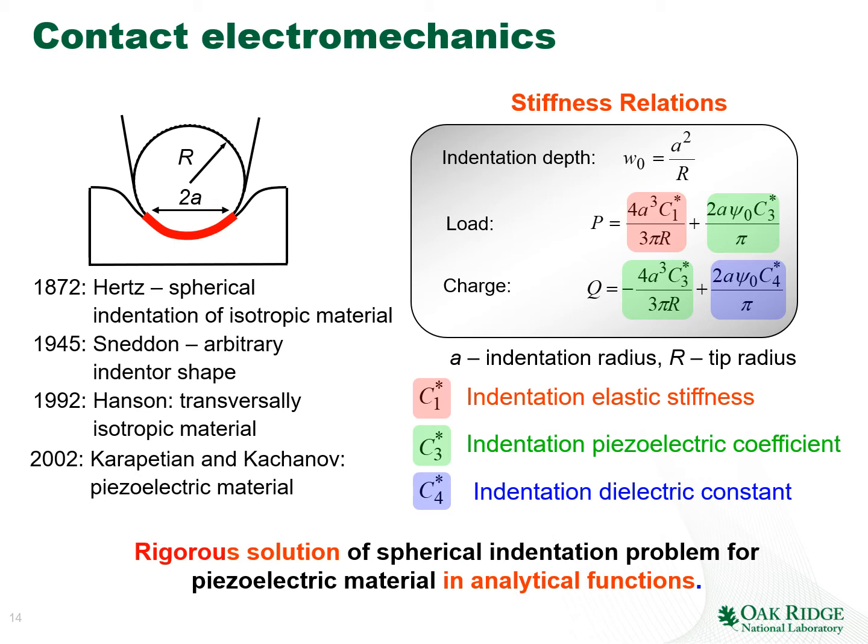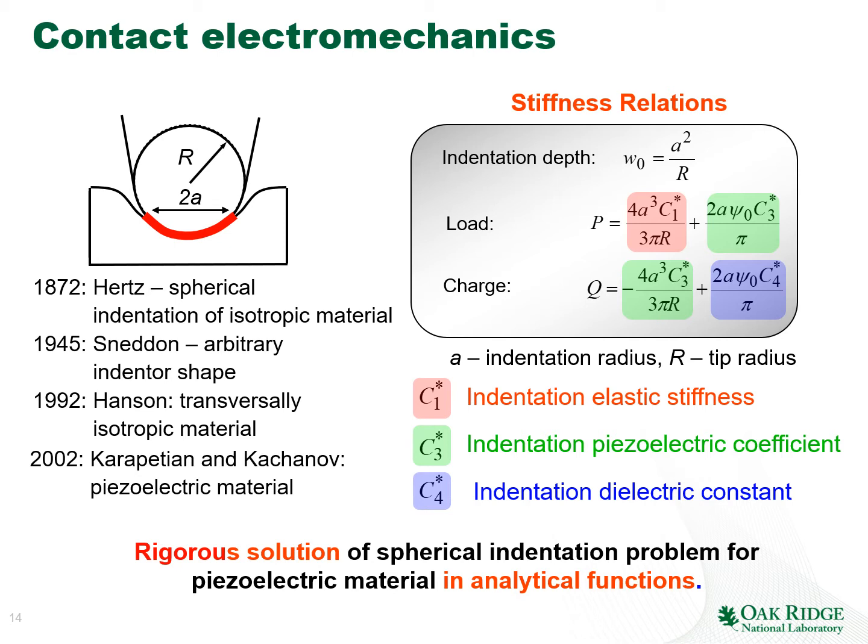So stiffness relations define the relationship between the load on the indenter, or if you will, the force acting on the tip, P, and the contact radius and the indenter radius, so A and R. And the second term here is the additional contribution to the load as a function of the tip potential. Similarly, they derived the relationship between charge and the indentation force and the indenter bias.